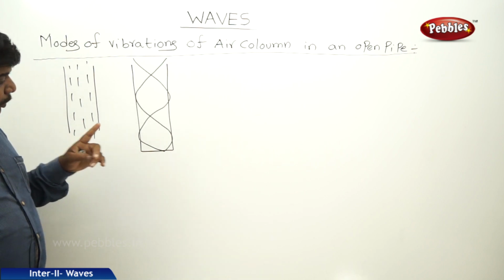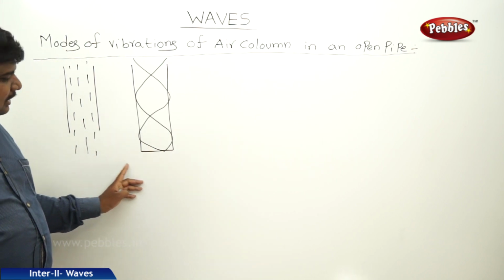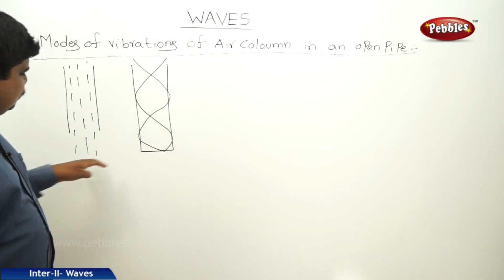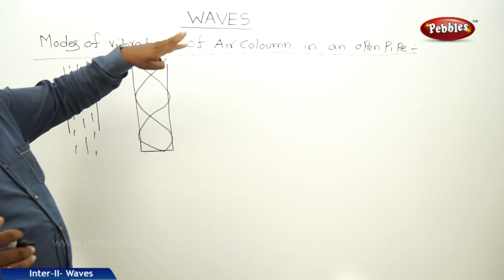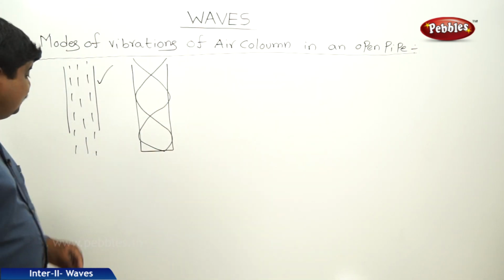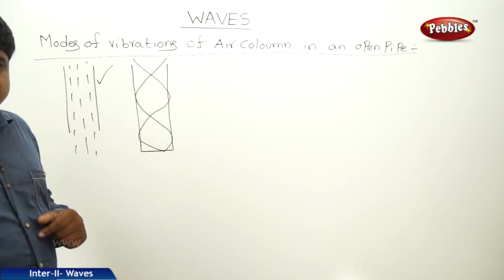So in an open pipe, the structure of the sound waves is different. In a closed pipe, the structure of sound waves is different. These two cases are different to each other. Now we should find out the modes of vibrations of air column in an open pipe. So in an open pipe, what is the point of node, what is the point of antinode, we should find out.